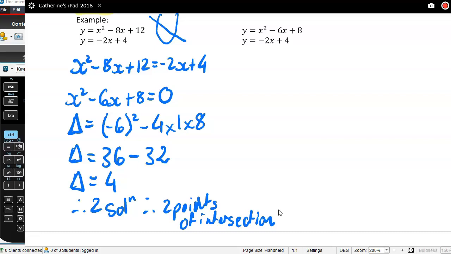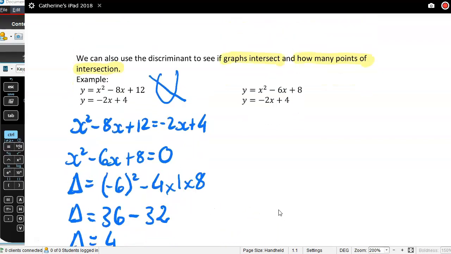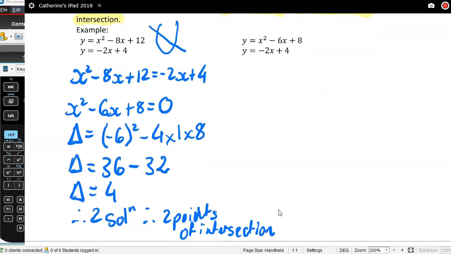Okay, so here I've got y equals x squared minus 6x plus 8 and y equals negative 2x plus 4. So x squared minus 6x plus 8 equal to negative 2x plus 4.